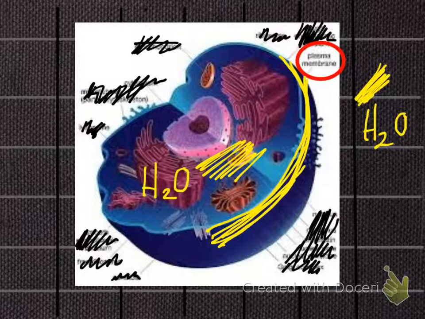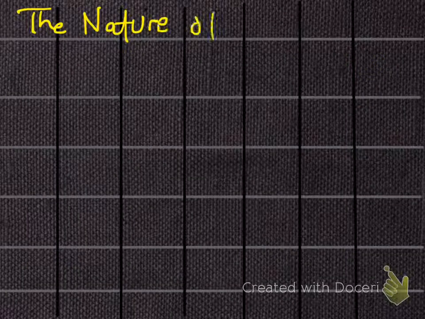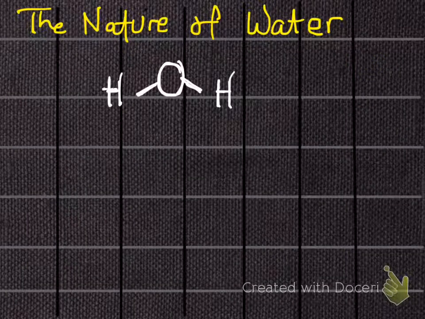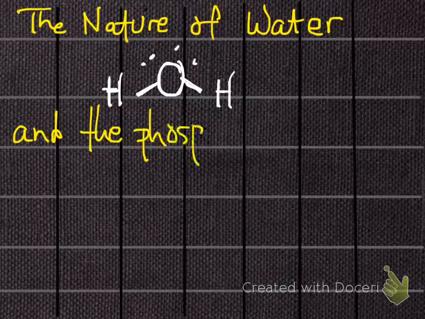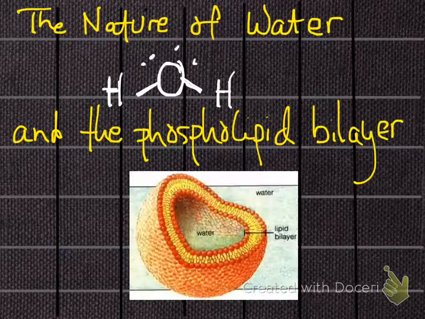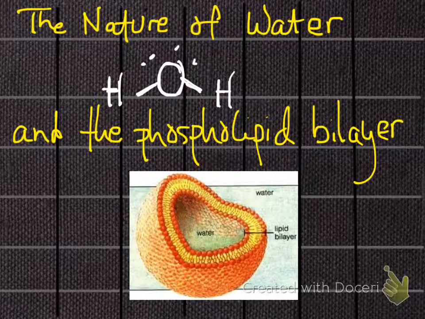There must be something special about those molecules. To answer that question, we need to know the nature of water and the nature of the phospholipid bilayer. That's what we're going to be exploring the next couple of days.